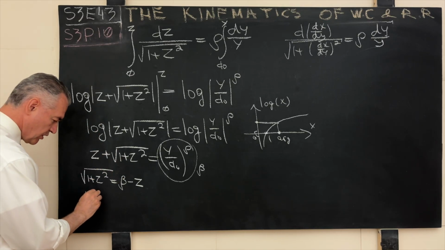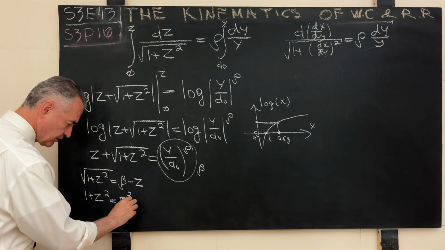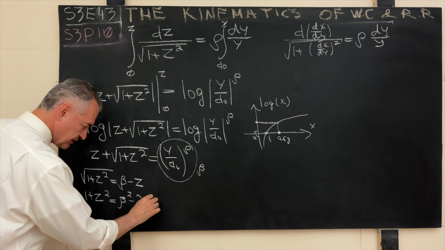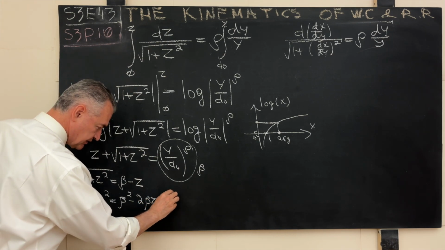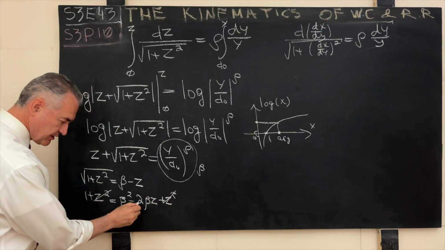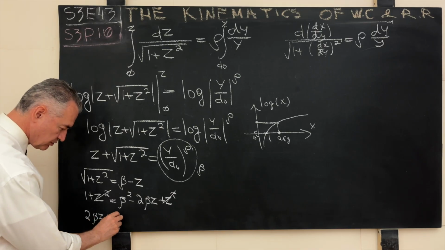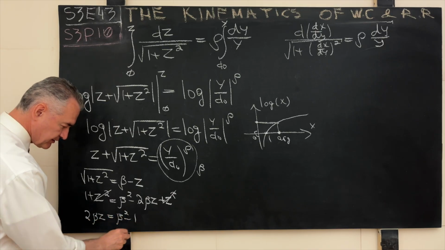So we have 1 plus z squared is equal to beta squared minus 2 beta z plus z squared. Here you will be happy to see that the z squares cancel out. This guy, you have what? 2 beta z is equal to beta squared minus 1.